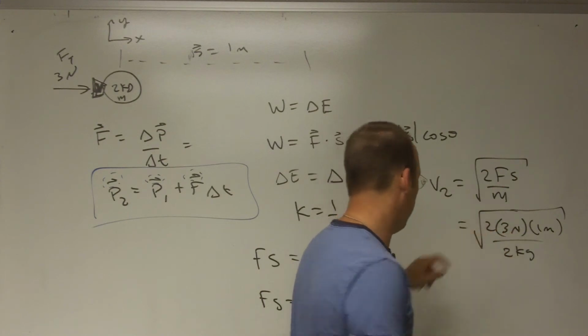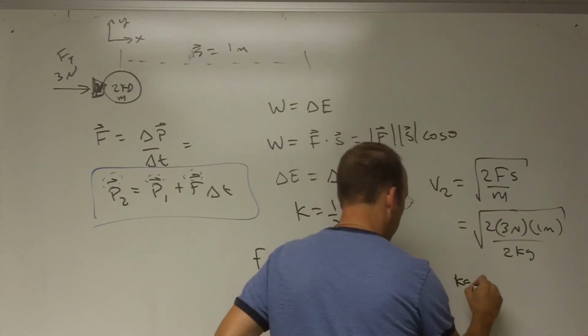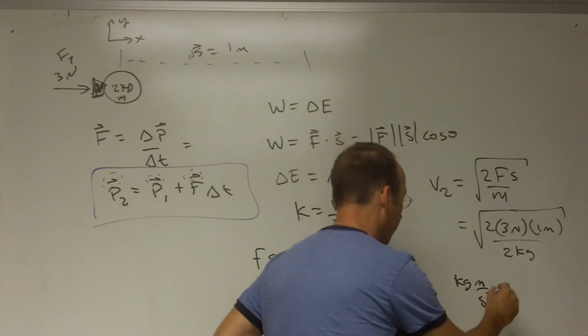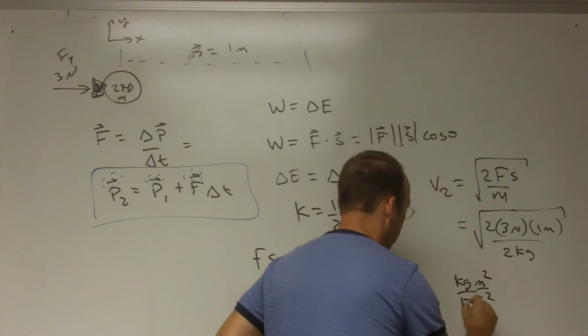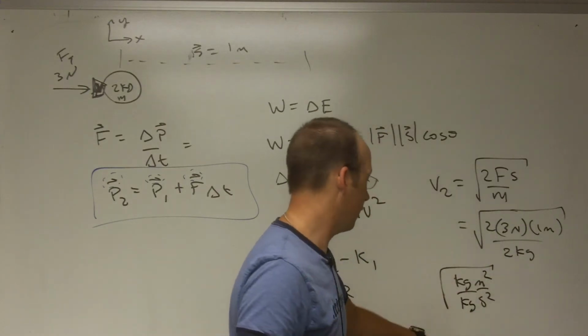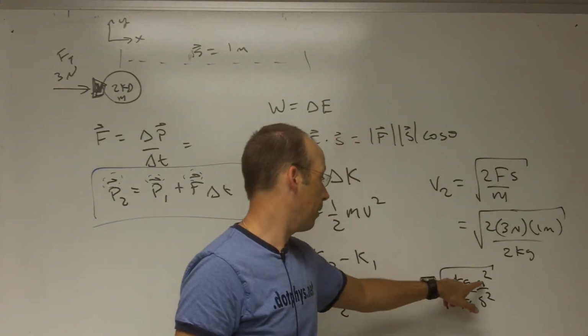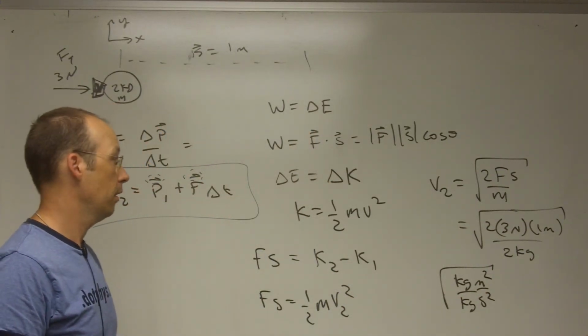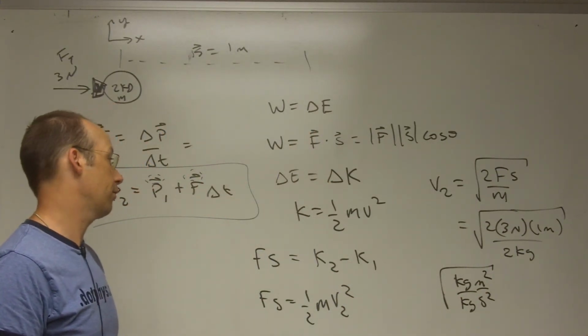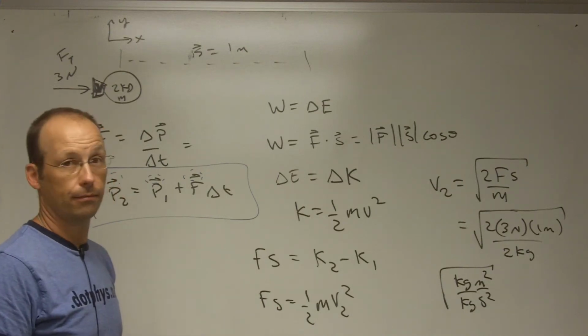A newton is a kilogram meter per second squared, times meters, divided by kilograms, and then square root. So the kilograms cancel. I get meters squared per second squared. Take the square root, I get meters per second. So it's the square root of 3 meters per second.